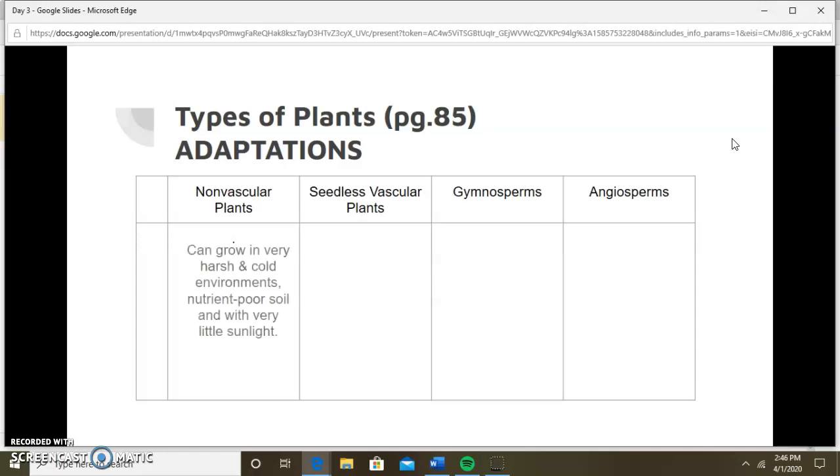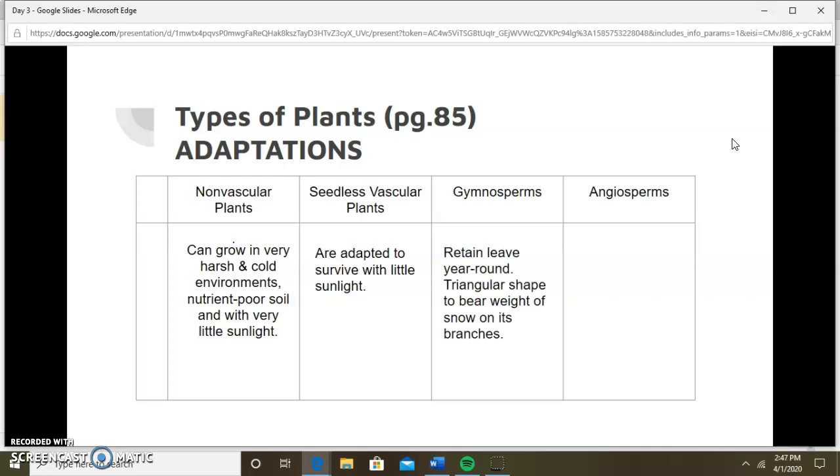Adaptations. Non-vascular plants can grow in very harsh and cold environments, nutrient poor soil, and with very little sunlight. Seedless vascular plants are adapted to survive with little sunlight. Gymnosperms retain their leaves year-round, with a triangle shape to bear the weight of snow on their branches.